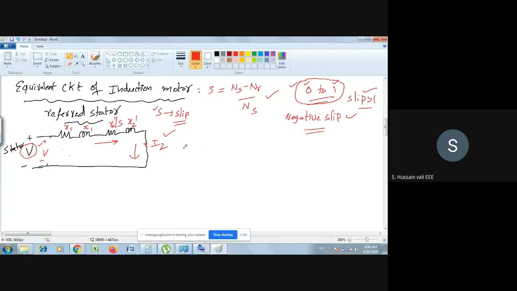So this derivation I don't want to bring here. I just directly draw the equivalent circuit of the induction motor referred to stator. Then what is I2 here? How can I write I2?